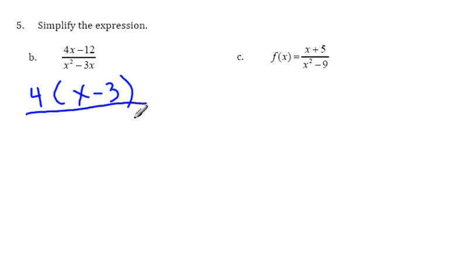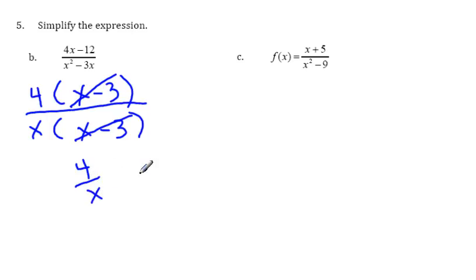And on my denominator, my GCF is x. When I factor that out, that also leaves me x minus 3. So now I'm looking for anything that will divide out of both the numerator and denominator, or cancel out because they're alike. That's the x minus 3's, and that leaves me 4 over x as my final answer.